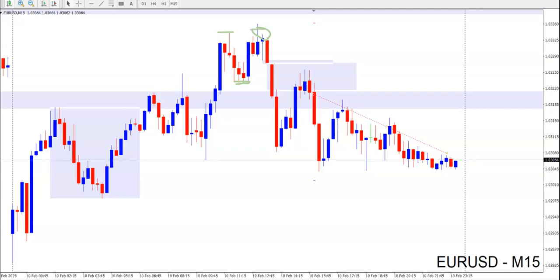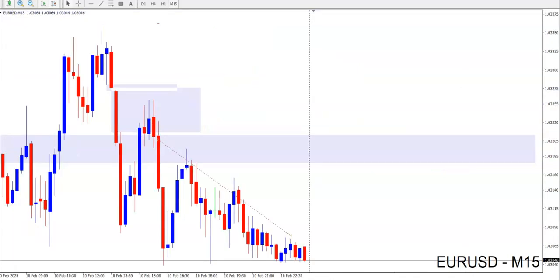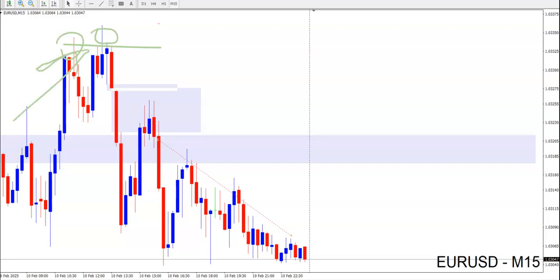We took those highs, we shifted the structure. That's where we got our retracement. So here, as we said, price took the previous highs in this manipulation period, and as we're getting closer to New York, we shifted the structure to the downside.